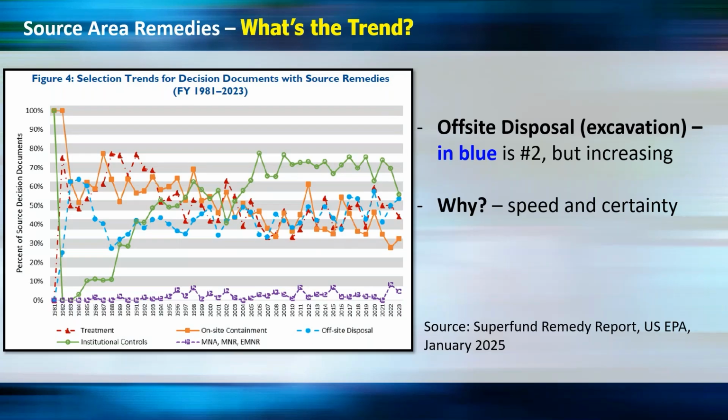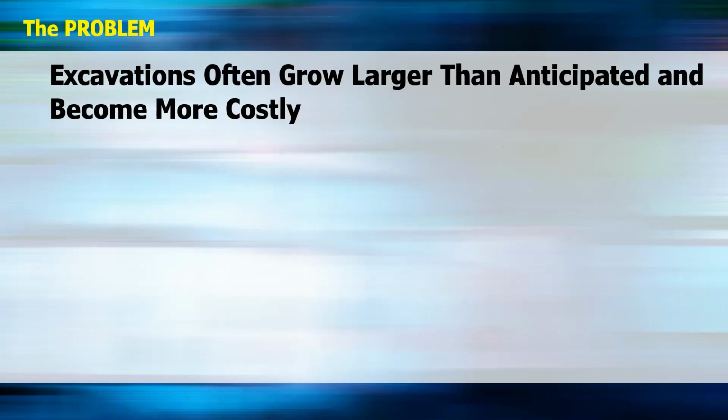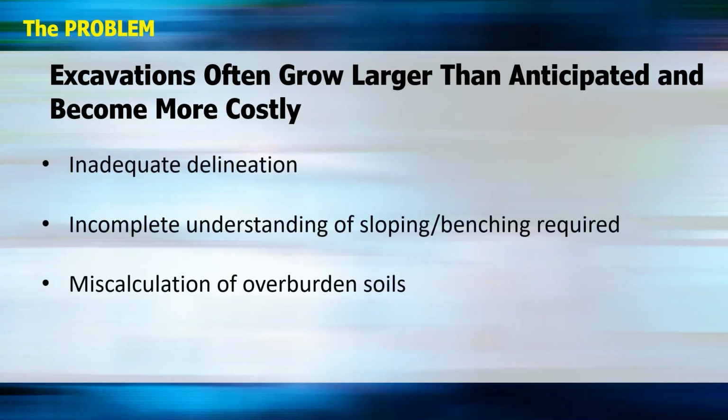However, a lot of times the problem with excavations is that they often grow a lot larger than anticipated and then become a lot more costly than was initially planned. And I've seen this countless times at sites. And this is due to a lot of problems.